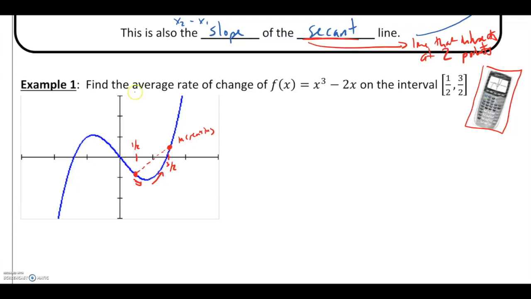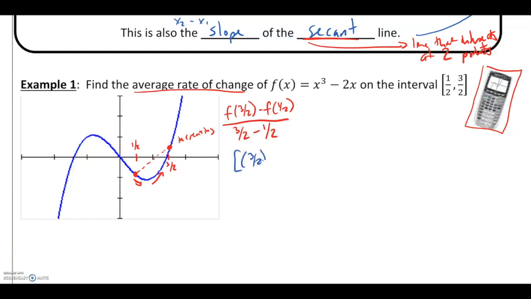What this idea of average rate of change is going to help me do is ignore everything that went on in between and just describe what's going on along this dotted line that I've drawn in, the overall change in the function. And so to do that, we're going to look at f of 3/2 minus f of 1/2, y2 minus y1, over x2 minus x1, b minus a.